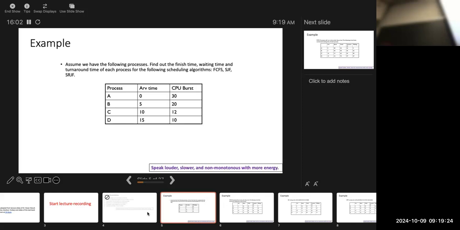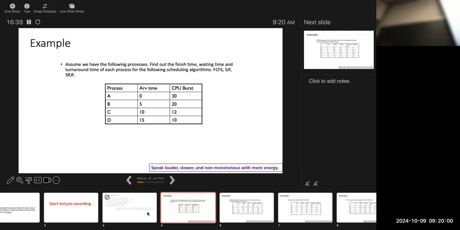I think it's better if I first write the arrival time so that later on it's not confusing for me. A, B, C, D. And now I can ignore this one, I have it already. Here I'm building another table, A, B, C, and D, to record the remaining time of each one of them.